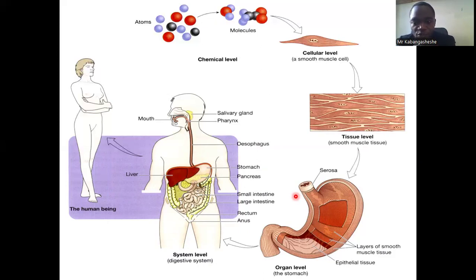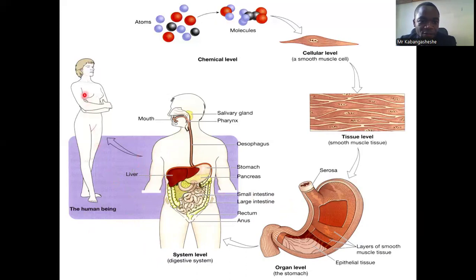So the urinary system will remove all the waste from the body. So you will see that when one system is affected, another will be affected. For example, if the urinary system is not functioning well, it will affect the cardiovascular system. That will affect the respiratory system, it will affect the digestive system, and so on. So systems are interdependent, and systems depend on the organs that are found in that system.